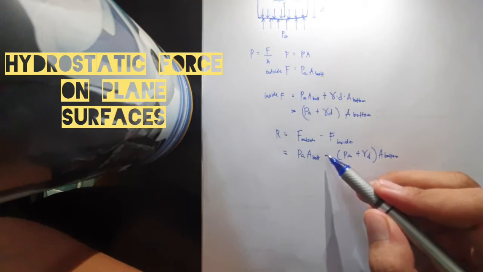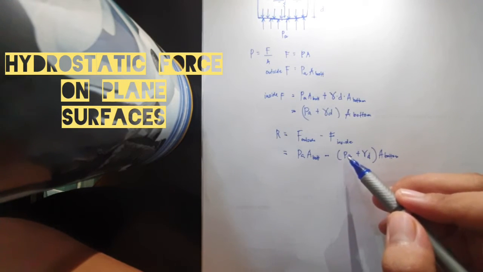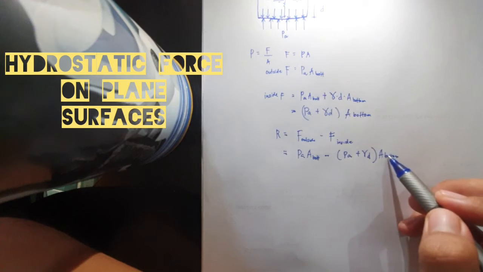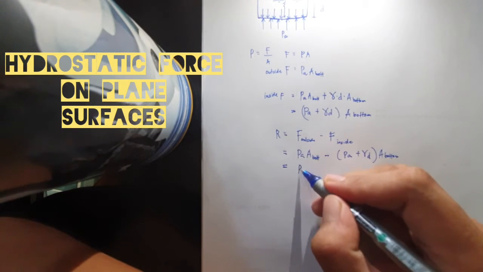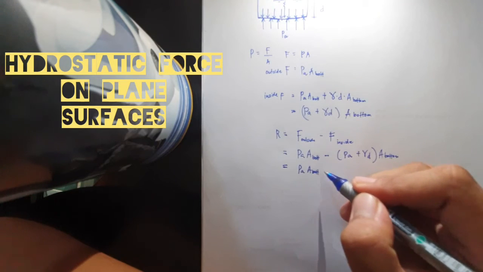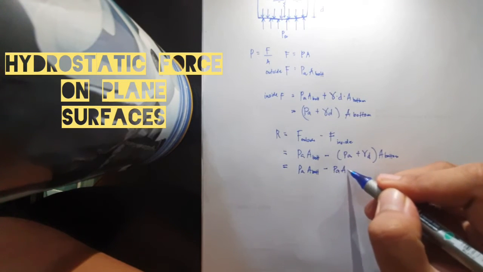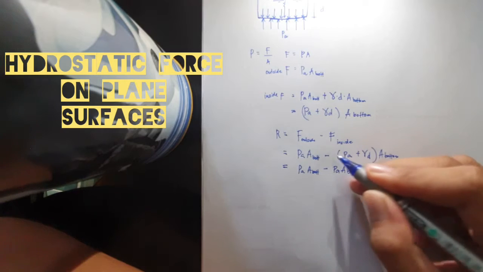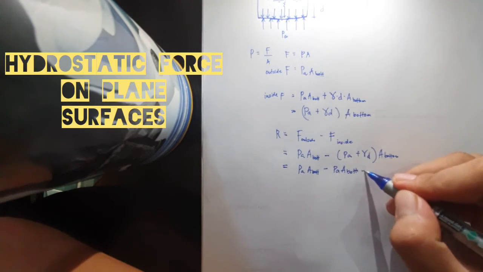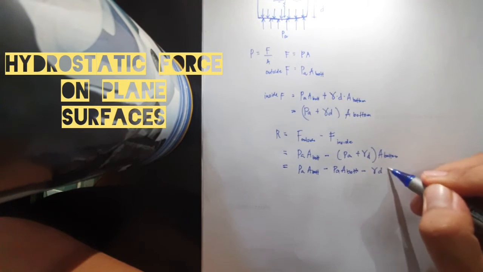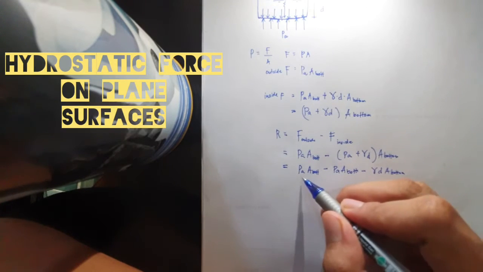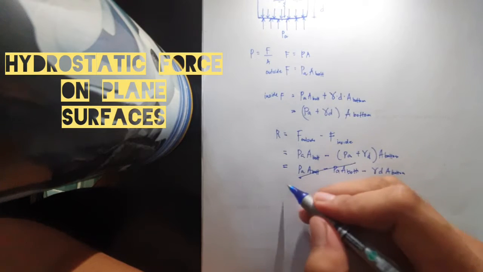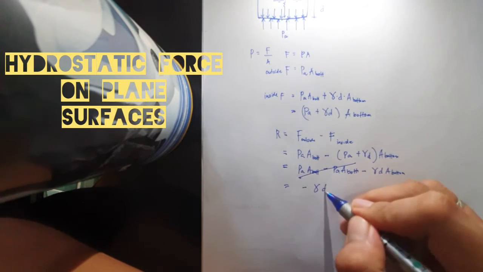If you distribute, negative PA times A, also negative gamma D times area bottom. So we can see the PA terms cancel. What is left is negative gamma D area bottom.